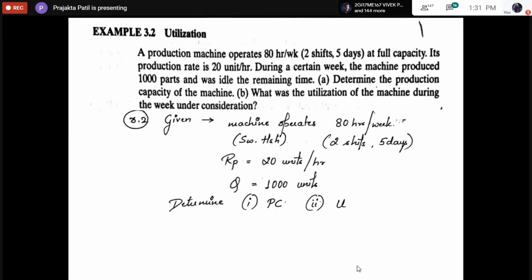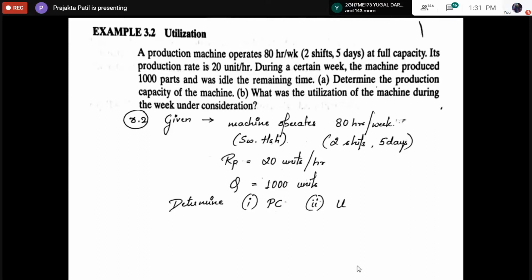So we have Rp as 20 units per hour. We have Q given as 1,000 units and 80 hours per week. It is not hours per shift or shifts per week, but the product of those two is given here, that is Sw into Hsh. Therefore, the units are important here. If you see the unit, that is 80 hours per week, from that you will understand that it is the product of Sw into Hsh.